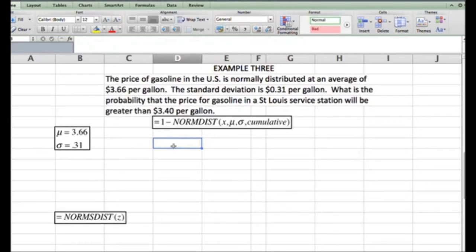So now we're going to have to subtract the probability of it being 3.40 or less from the 100% possibility. The difference is going to be the number that we're looking for. So we will type in equal 1 minus, and then start typing normal distribution.